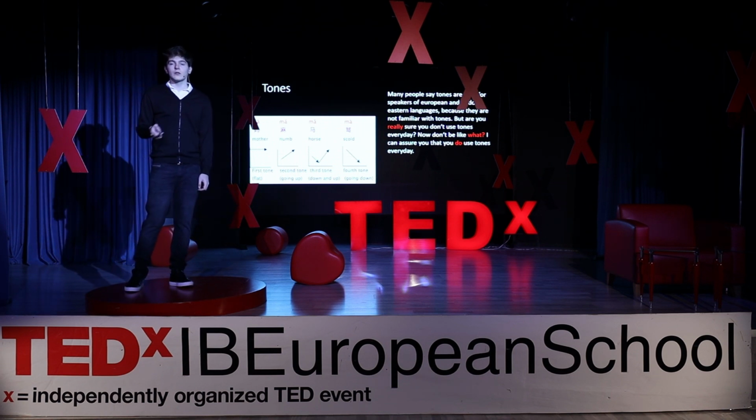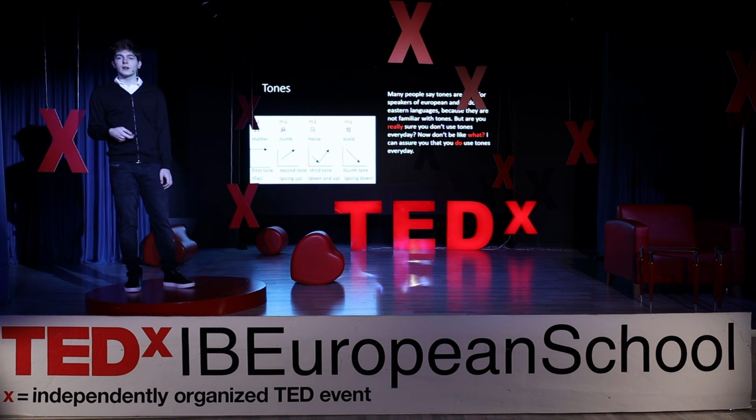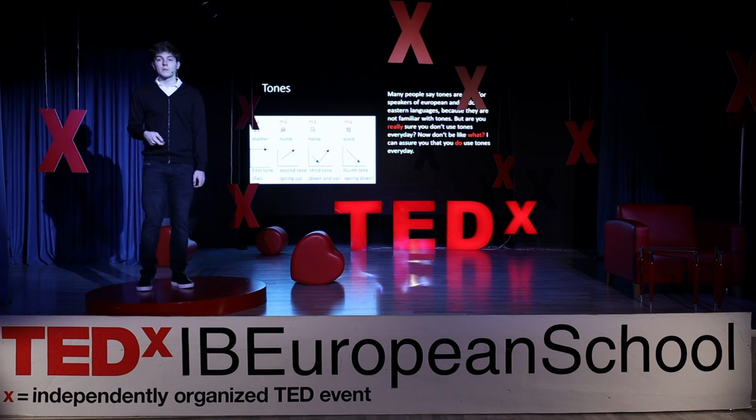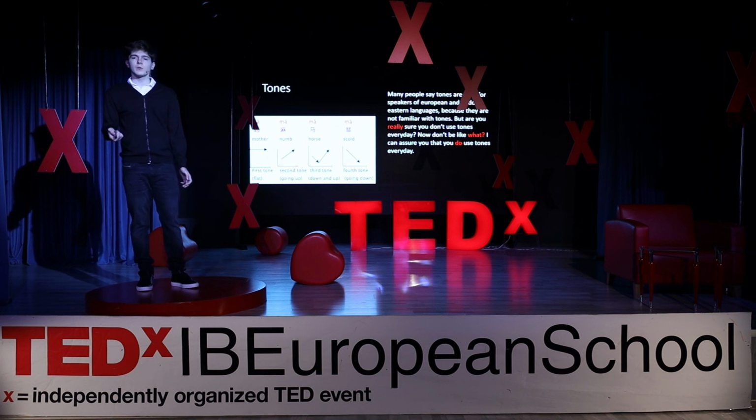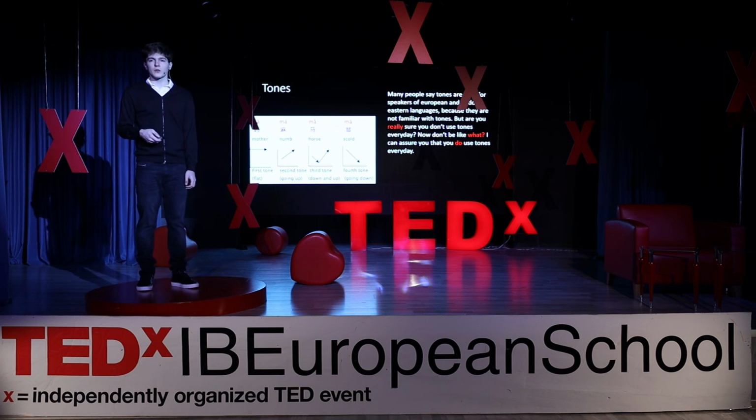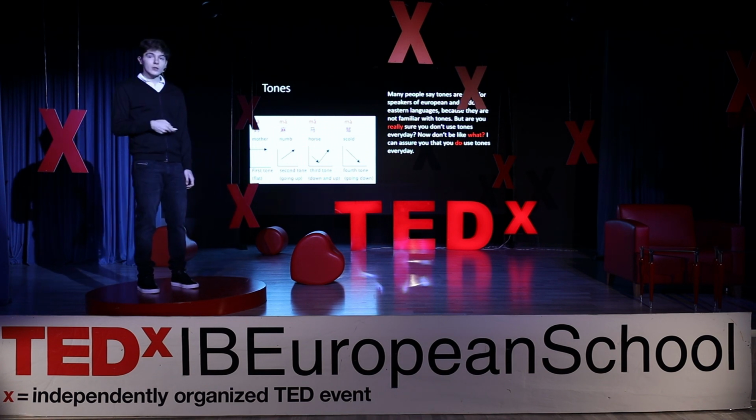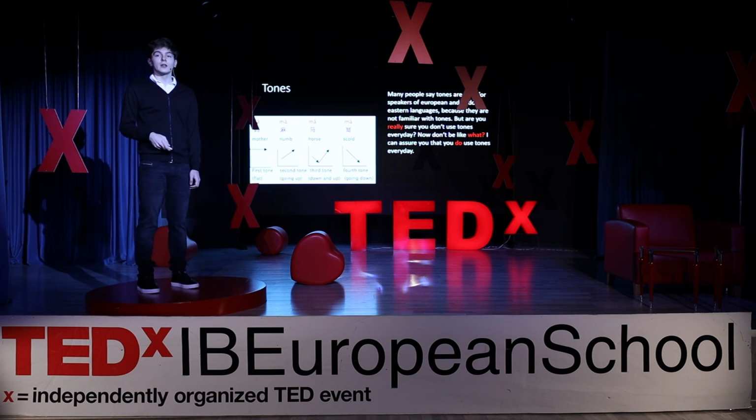Now, if we move on to the second tone, that's the rising tone. So here, the same syllable would be pronounced as ma, ma, as in when we ask questions in English or Western languages, like "what?" And then the fourth tone, it's the falling tone. So it's ma, like when we say "yes, no."